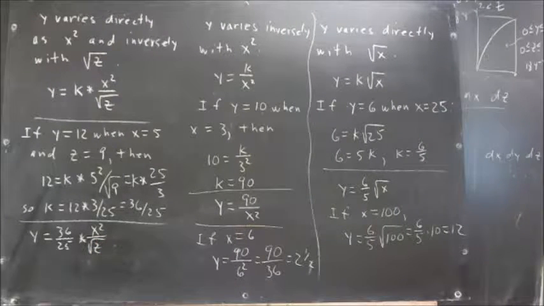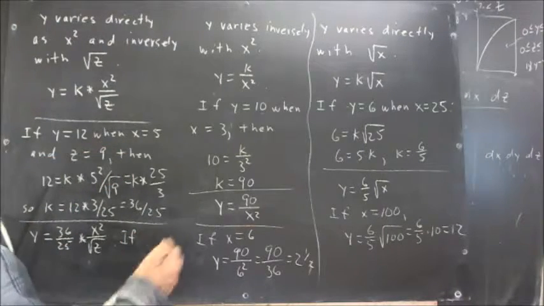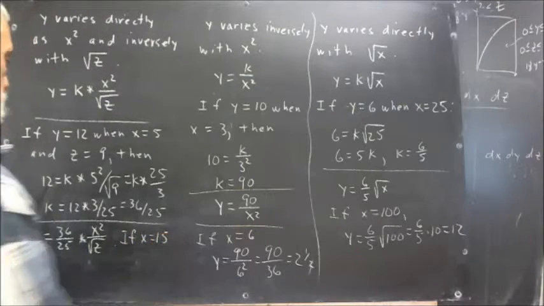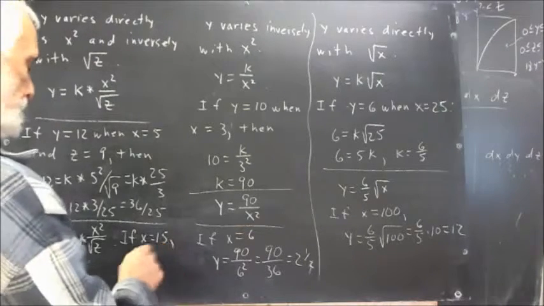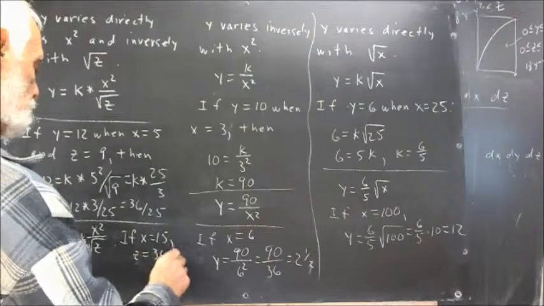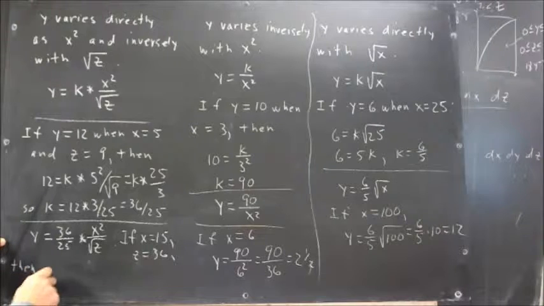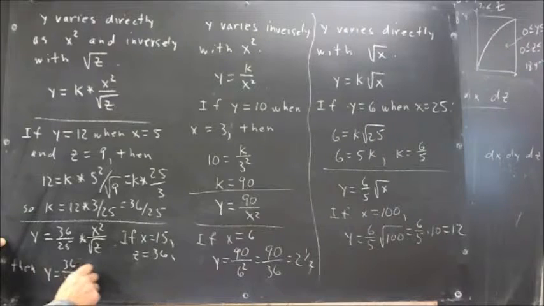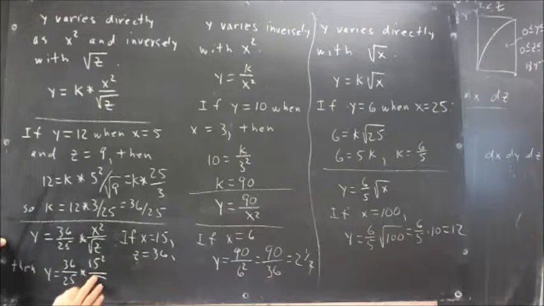Now, if x changes, let's say x is 5, let's say x triples and becomes 15, and let's say that z quadruples and becomes 36, then what's going to happen to y? Well, y equals 36 over 25 times x squared, x is 15, that's going to be 15 squared, over the square root of z, which is the square root of 36.